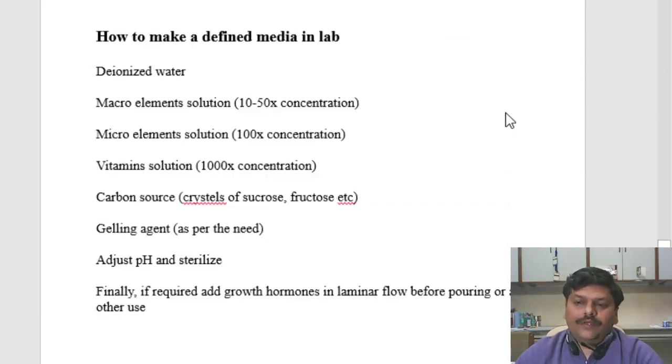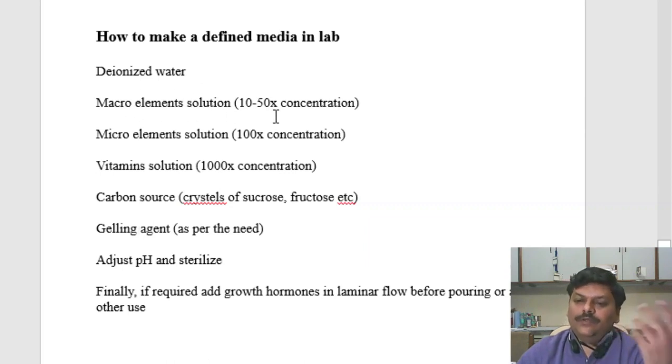Now, how do we make a defined media in the lab? So we take deionized water and we add different components such as microelements, vitamins and carbohydrate source followed by gelling agent in a sequential manner.